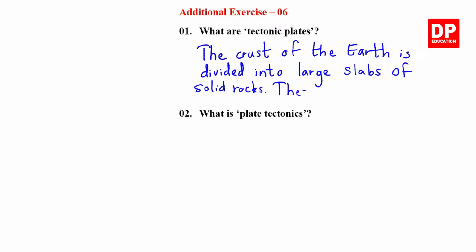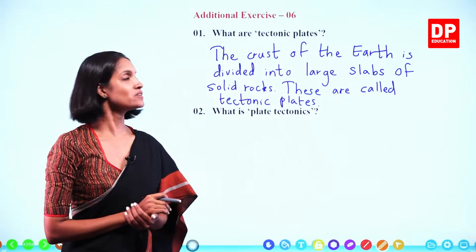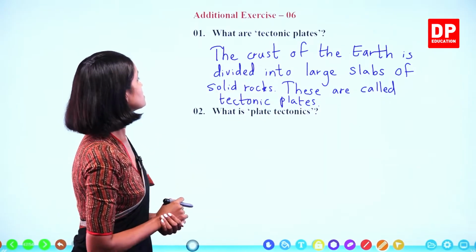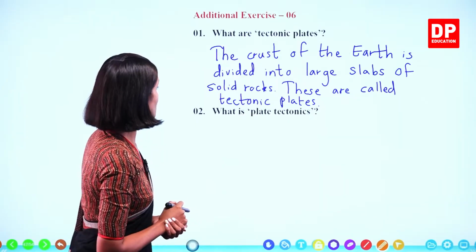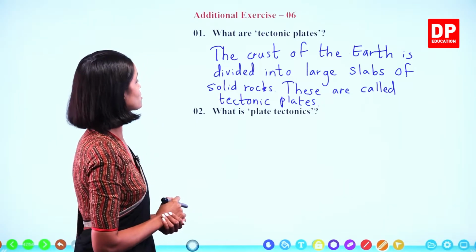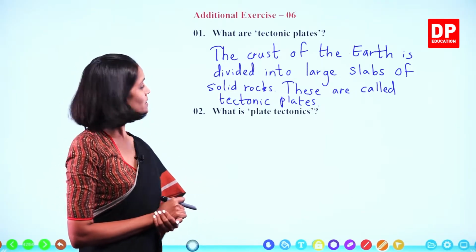These are called tectonic plates. Right, children? The crust of the earth is divided into large slabs of solid rocks. These are called tectonic plates, right?